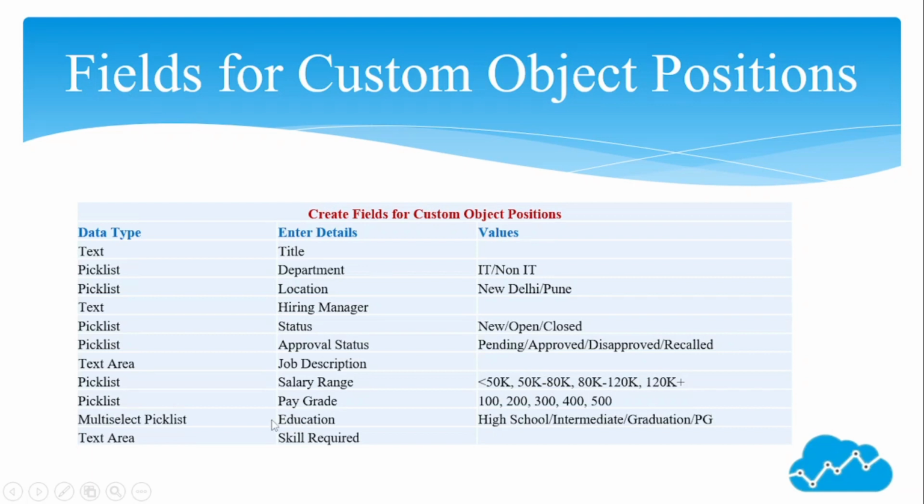Education, multi-select picklist. Here one or more can be chosen. I am taking only 4 values: high school, intermediate, graduation and post graduation. Maybe someone did only high school, or someone did intermediate, like this. So it gives the possibility to choose one or more with a multi-select picklist. So these are the values. Next one is skill required. This one, I have taken Text Area.